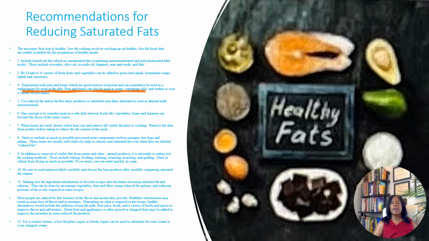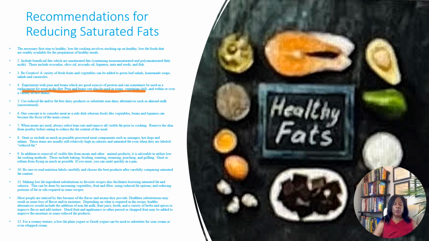So that's really reframing your thinking to think of meats as the side and the plant-based proteins as the focus of the meal. When that is learned, it could be an excellent way to begin eating.